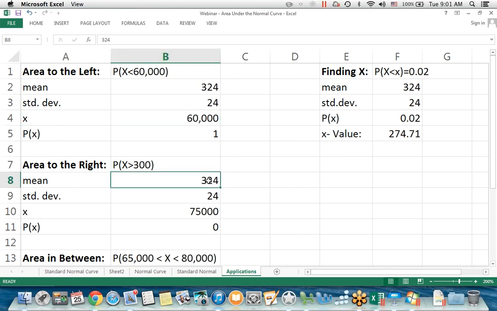Here I'm trying to find the probability of x being greater than 300. So for my x value, I type in 300, and this gives me my probability.